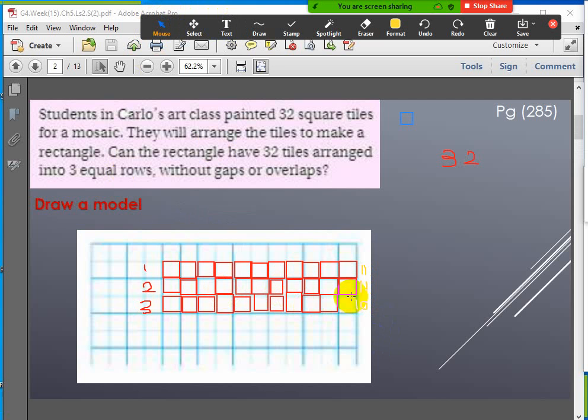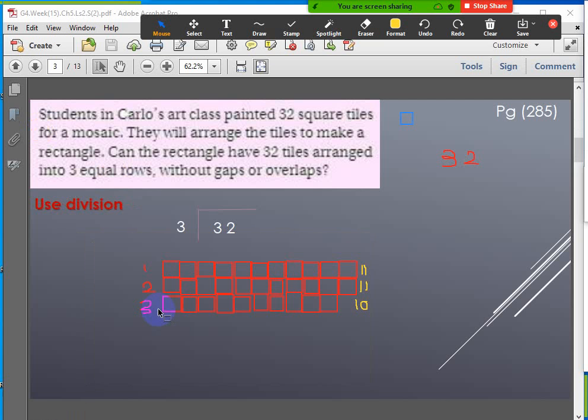Did you draw those, girls? Did you finish? Quickly, please. Now let's continue and use division.